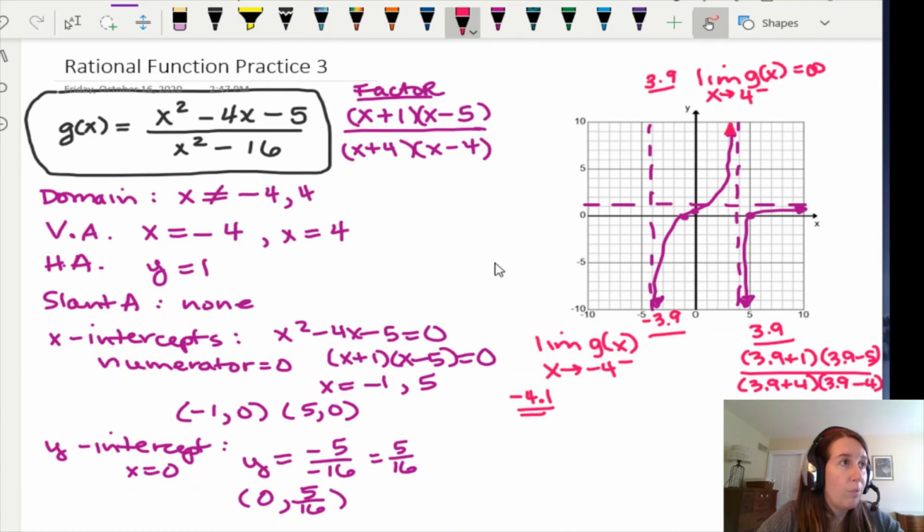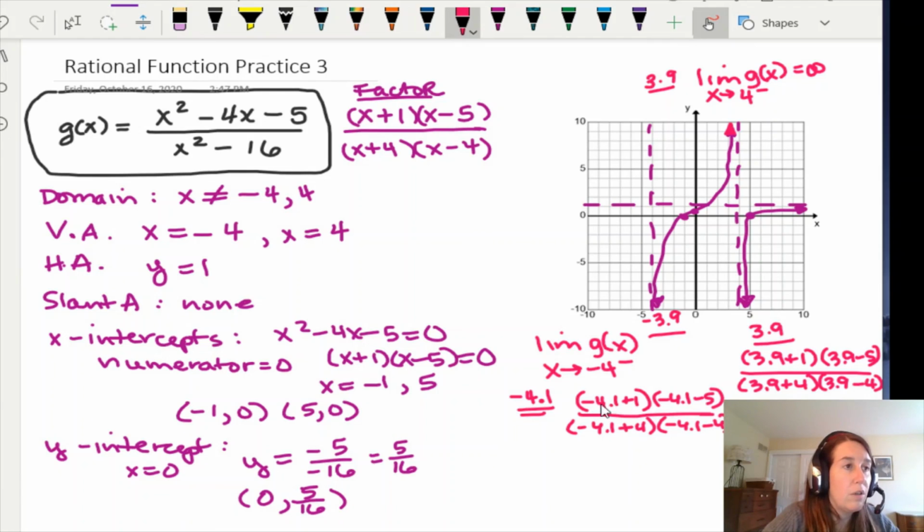Okay, so plug that into the factored form. So negative 4.1 plus 1, negative 4.1 minus 5, negative 4.1 plus 4, and negative 4.1 minus 4.